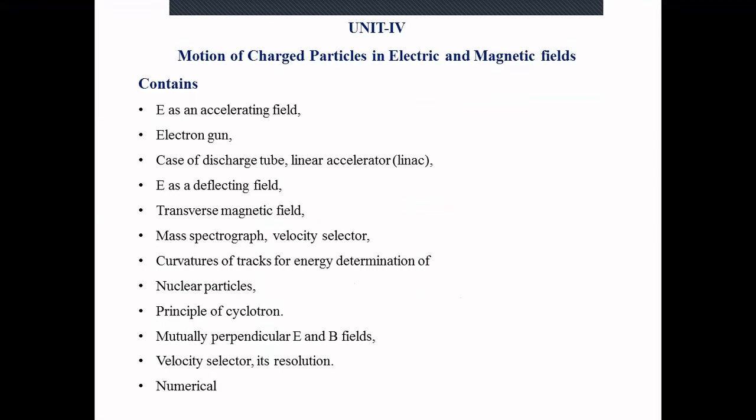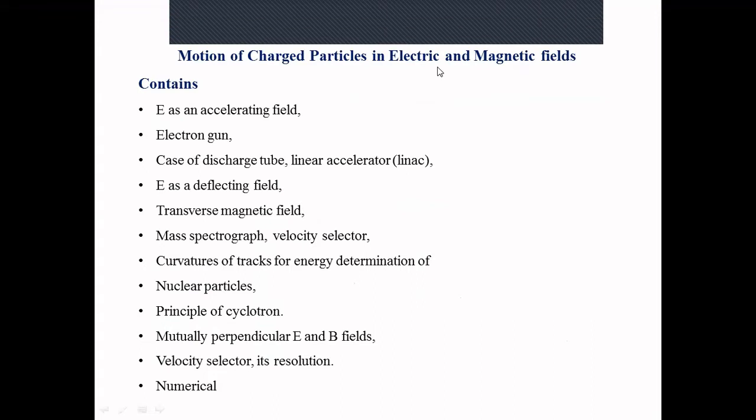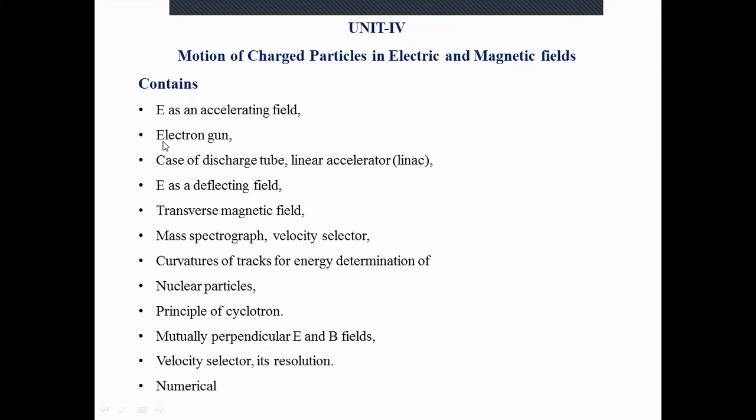The contents of unit number 4 are: accelerating field, E is the electric field. Second point is the electron gun. Case of discharge tube, linear accelerator, that is LINAC.